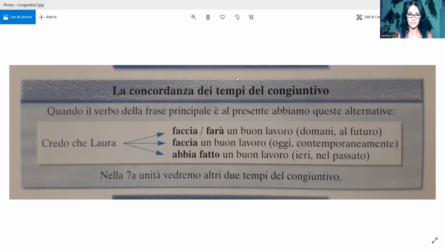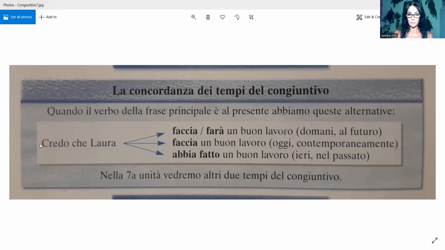Remember the tenses are presente o passato, which is what we have here. So quando il verbo della frase principale, the very first beginning, the first part with the first verb, è al presente, abbiamo queste alternative. So when it is in the present tense, we have these options.